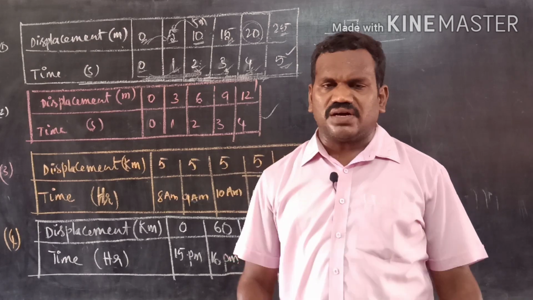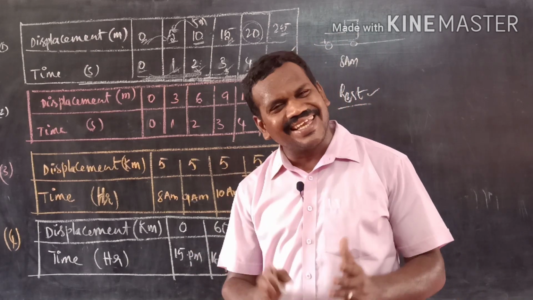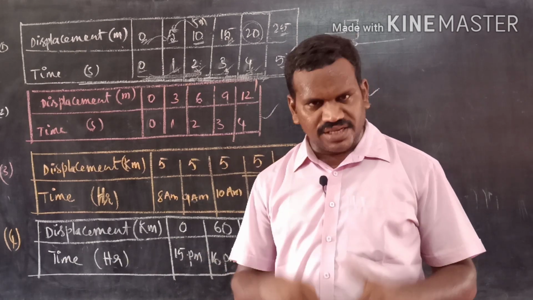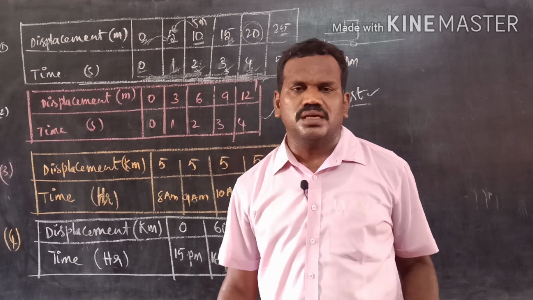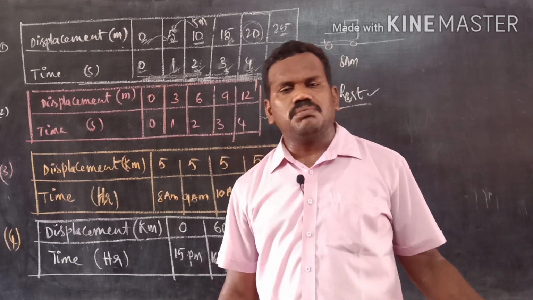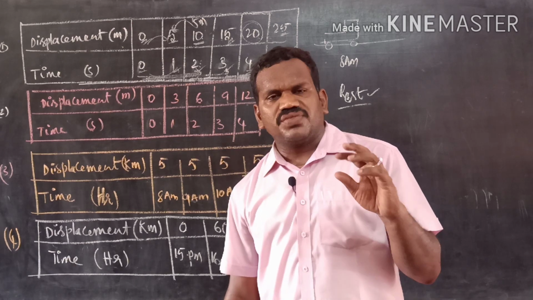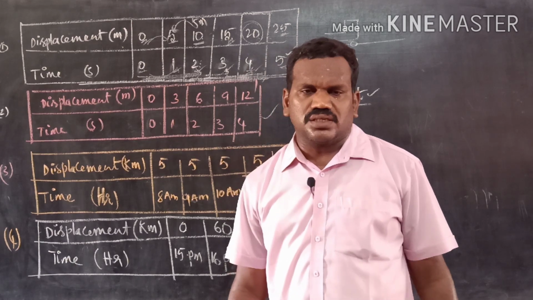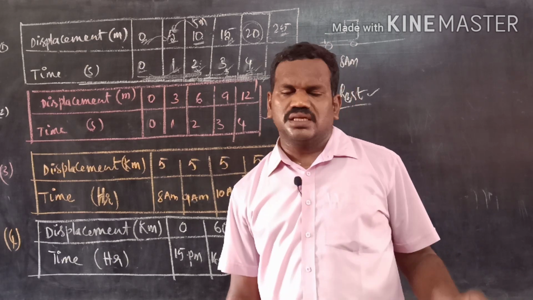The body which covers unequal displacements in regular intervals of time is said to be in non-uniform motion. If the position of the body is not changing with respect to time, the body is said to be at rest.